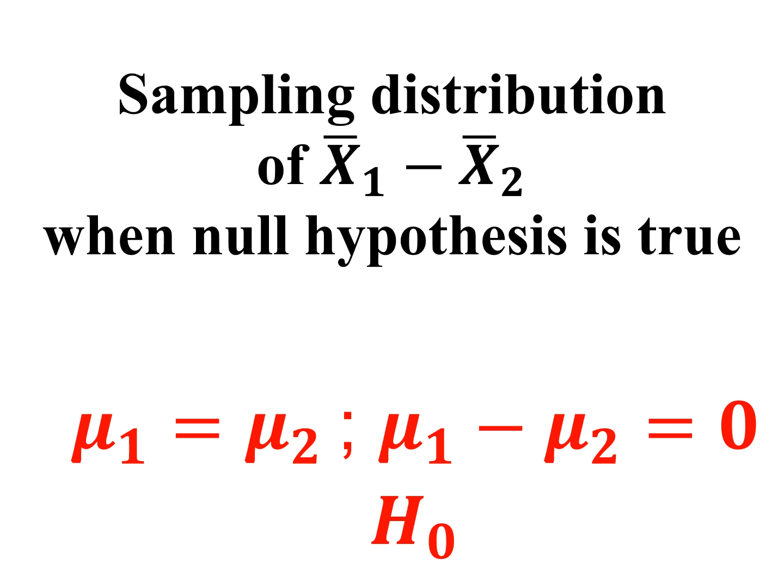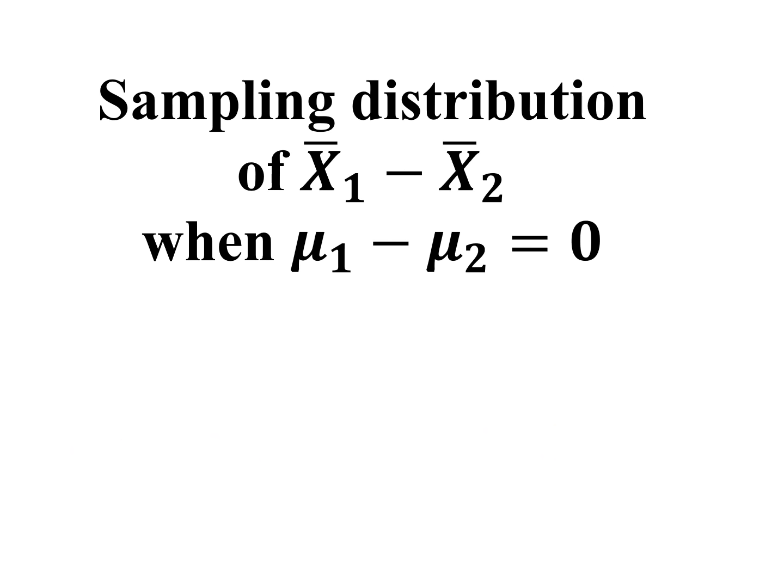And this is also a symbol that can represent the null hypothesis, a capital H with a small subscript of 0. The 0 means null. So we'll replace the words with the symbols. We could use any of the three symbols that represent the null hypothesis, but this symbol makes it clear that we're focusing on the difference between the two sample means and the difference between the two population means.